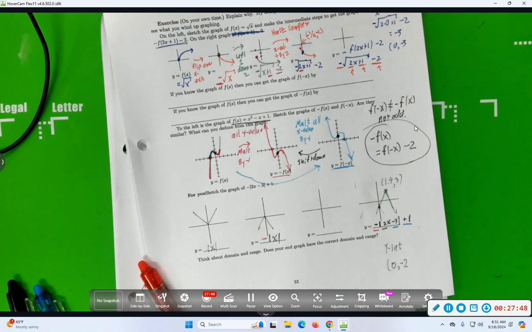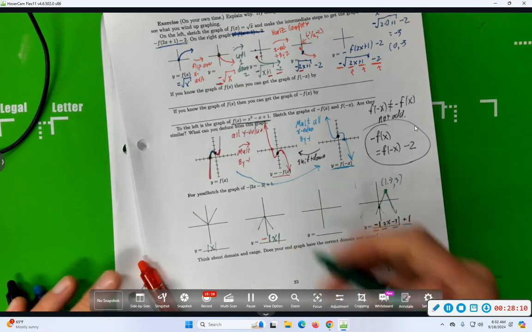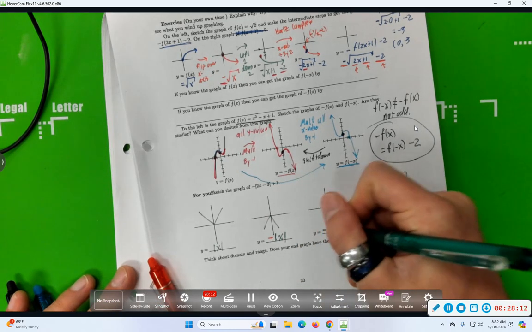I'm not worried about having a reasonable scale. There's negative absolute x. What next? You do the minus 3 and then the plus 1. Cool. What does that do to the graph? It moves it right 3 and up 1.